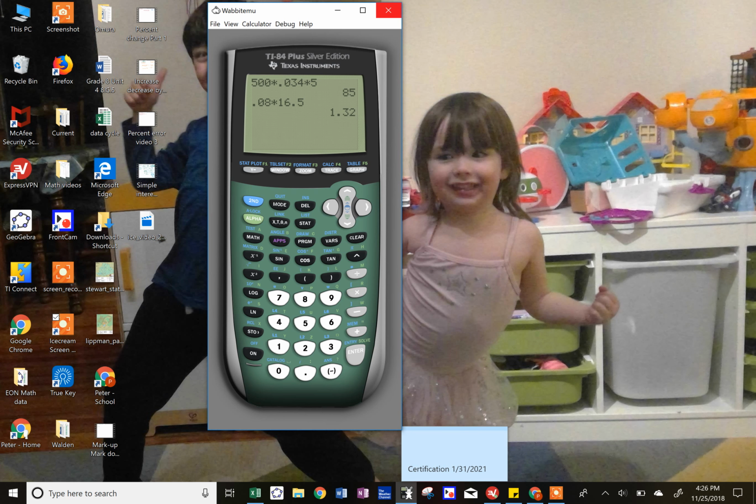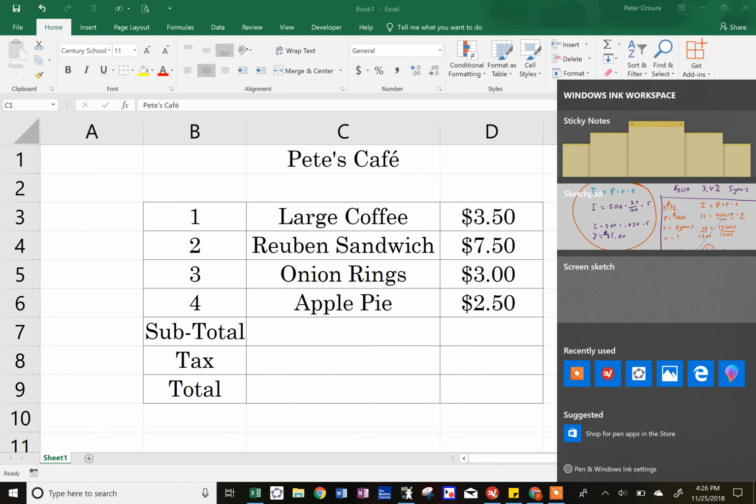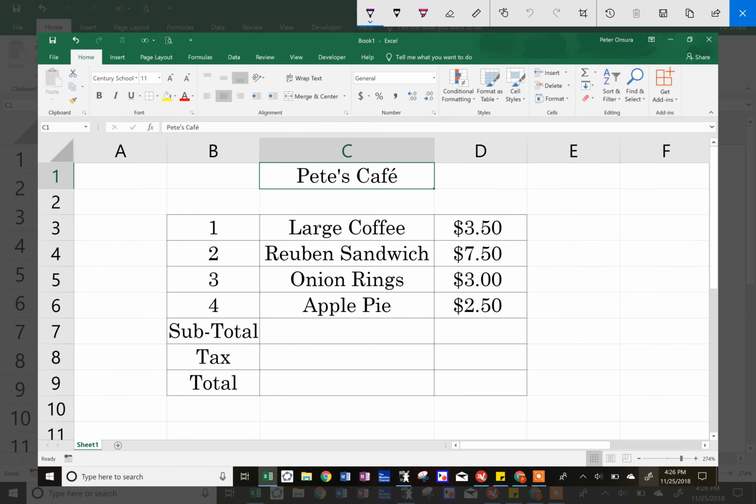Uh-oh, and I seem to have lost everything that I just had. That's all right. I'll go back to here. So my tax is $1.32, and this was $16.50, and that's fine because that kind of makes sense. Because remember, 10% of $16.50 would be $1.65. So $1.32 seems to make a lot of sense.